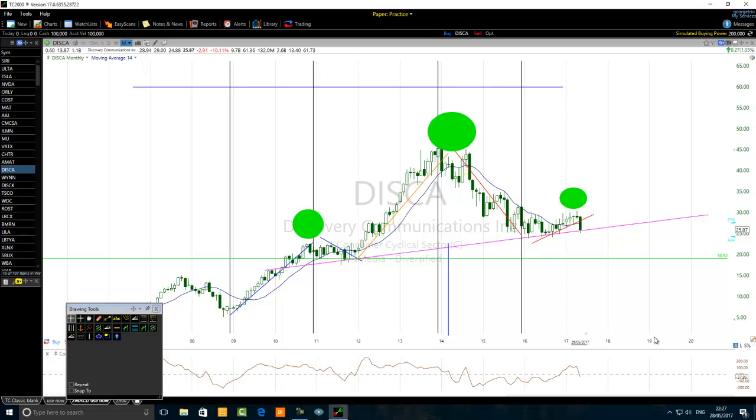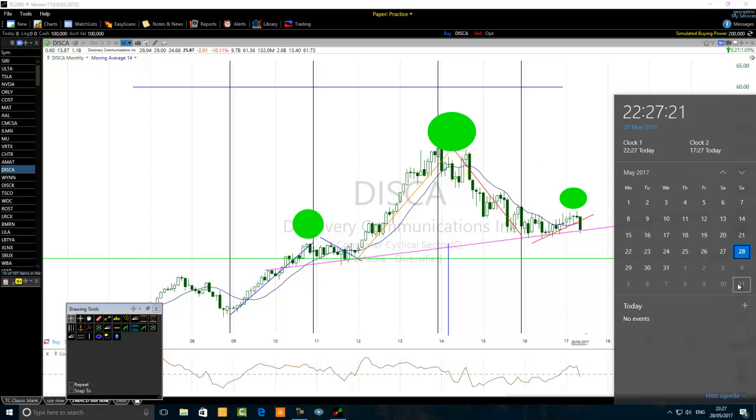So first thing first, to filter out those gigantic CCI trading mistakes, one must wait for the candlestick bar to close. Because I'm on a monthly chart, that candlestick bar is not yet closed, because today is the 28th of May 2017.